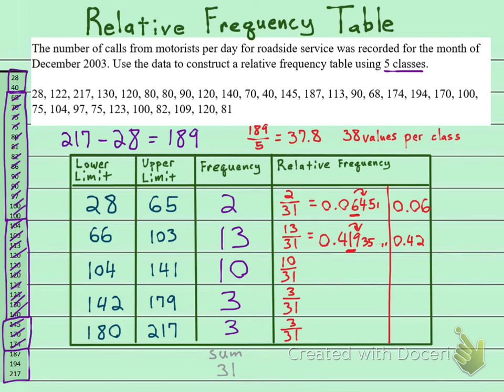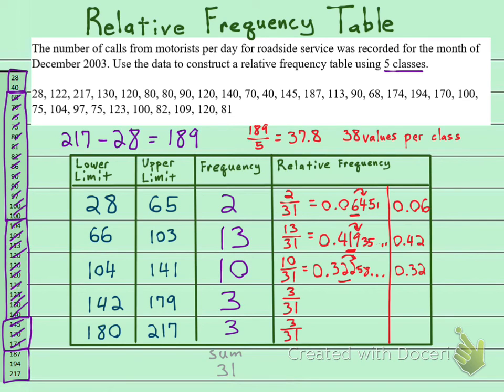All right, 10 out of 31. 10 divided by 31 is 0.32258, and on and on. We're going to round to this place. 4 or less, let it rest, so we have 0.32.